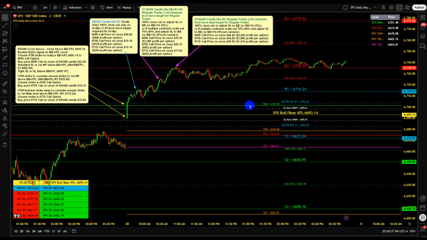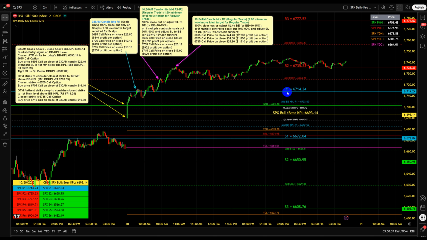So first of all, how it works on the SPX CBOE index. At 9:30 a.m. the SPX CBOE index opens, and on the first tick at 9:30 you will get the levels updated on your chart as you see on the chart right now.